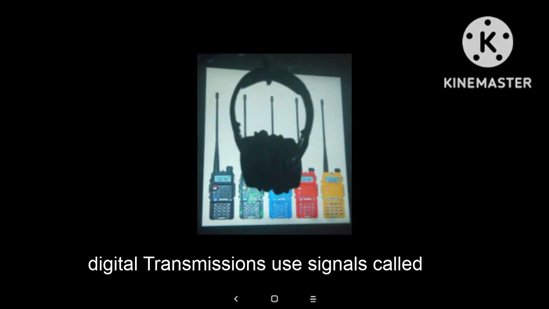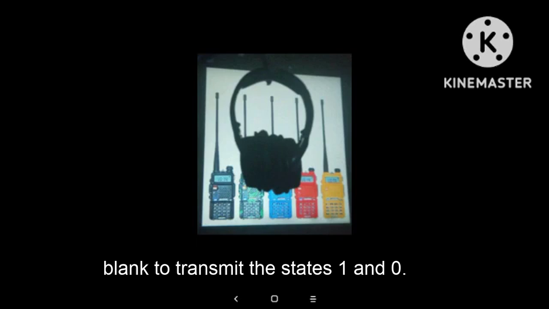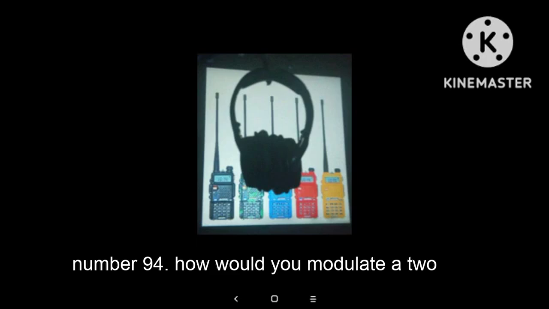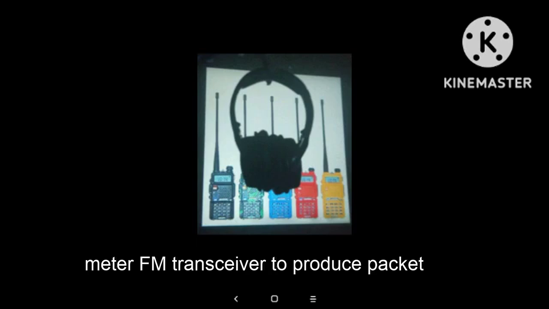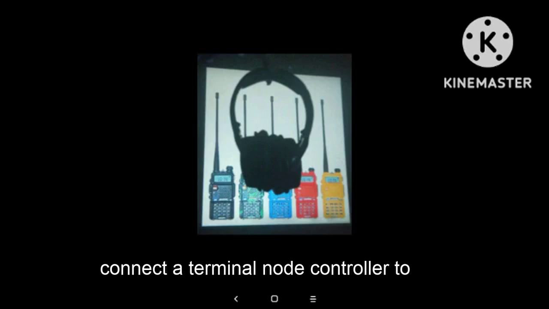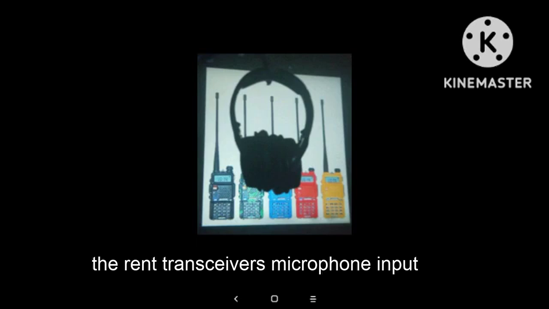Digital transmissions use signals called blank to transmit the states 1 and 0. Mark and space. Number 94. How would you modulate a 2-meter FM transceiver to produce packet radio emissions? Connect a terminal node controller to the transceiver's microphone input.